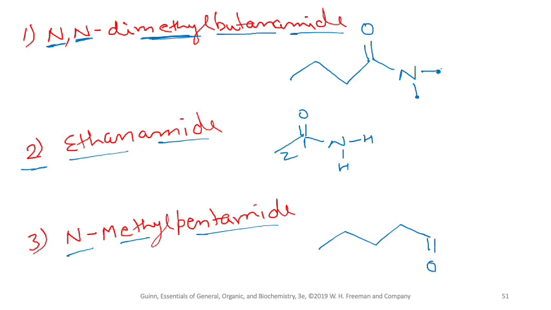You have a carbonyl group, then you should have a nitrogen to make it an amide. This is pentane, and you have N-methyl. So one of the 2 bonds that contain hydrogen is replaced by the methyl group. So this is a hydrogen and this is your methyl. So N-methyl pentanamide, and this is the amide bond that we have, C double bond O N.